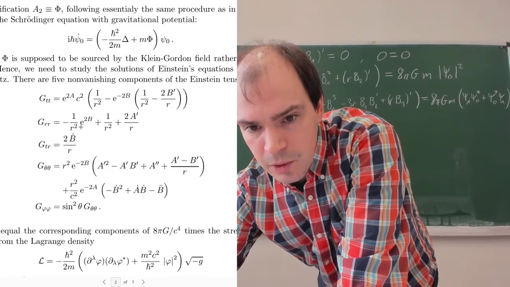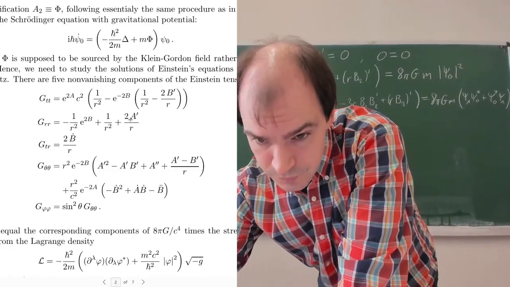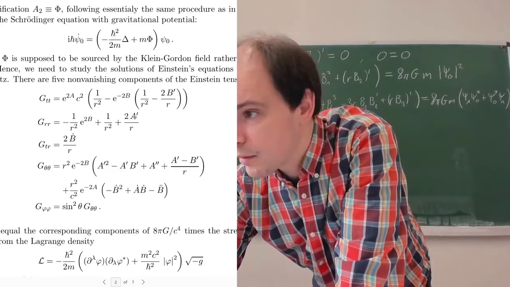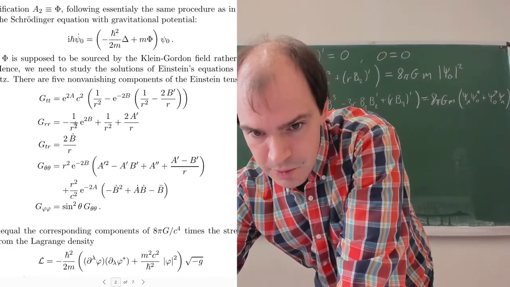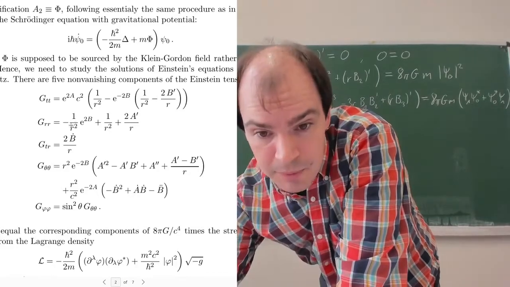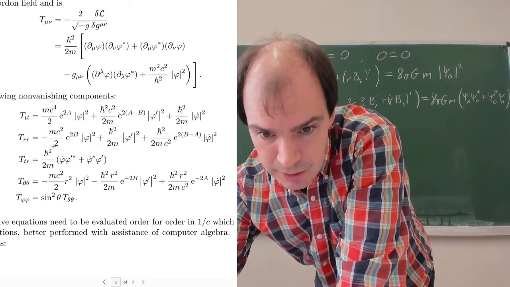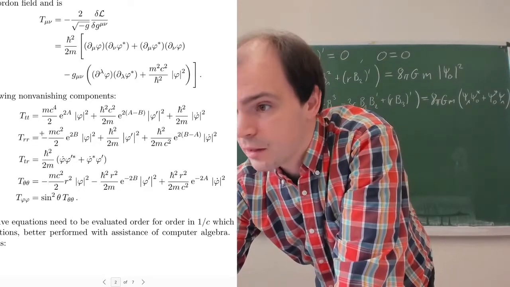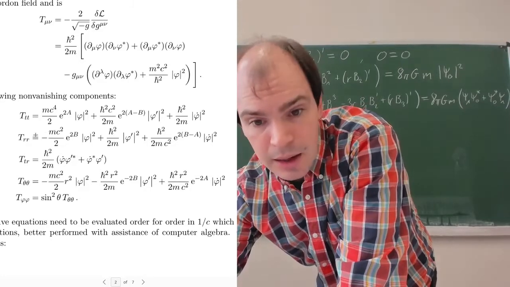So the 1 over r squared term here cancels. And for a, the spatial derivatives will also not contribute at the lowest order. So that's where the B1 comes in, and then the stress energy tensor for the RR component will yield 0.